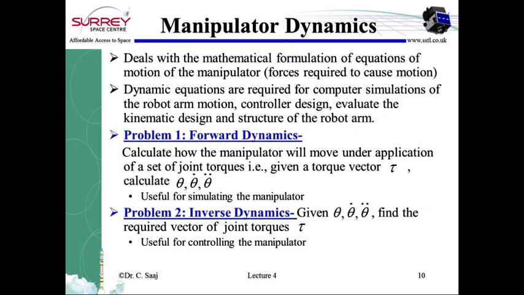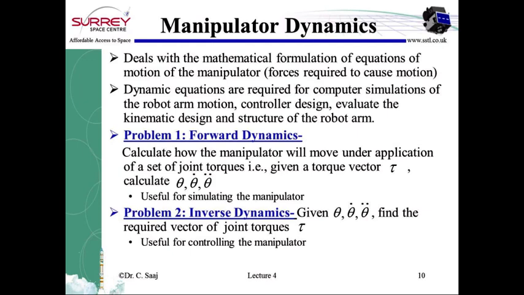The dynamics of a robotic manipulator can be classified as forward dynamics and inverse dynamics. In forward dynamics, we calculate how the robotic manipulator will move under the application of certain joint torques.